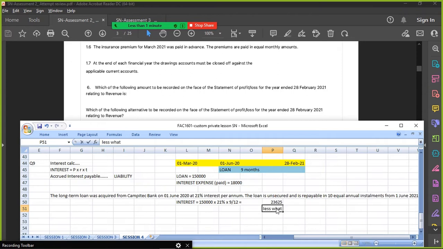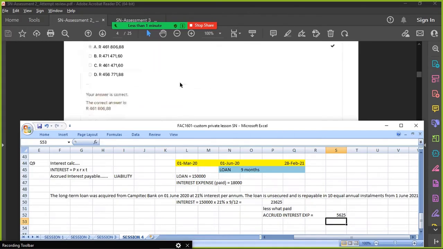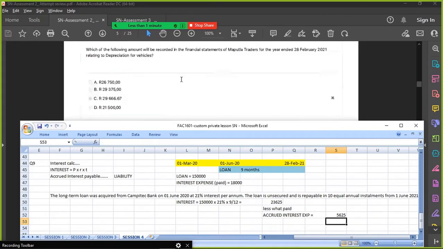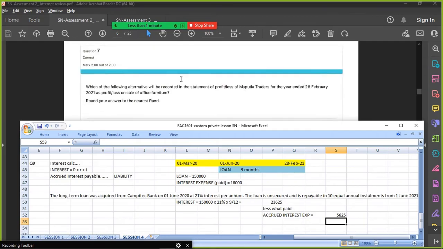Less what's paid gives me the accrued interest expense. So this less 18,000 gives me 5,625. So that would be the accrual part of the loan that's outstanding. Make sense? Yeah, it does.